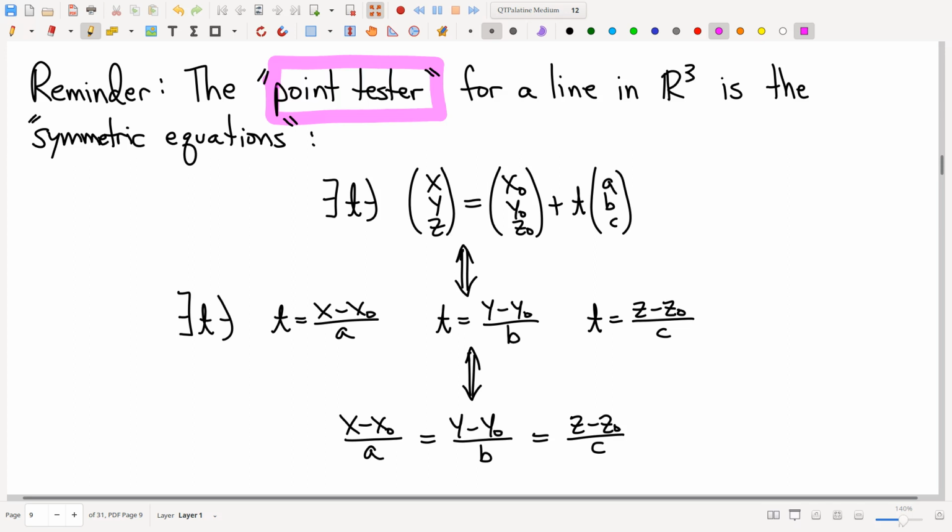So if you come to me with a point and you want me to test whether this point is on a parametric line, one way to test it, and this sounds sassy, would be to just ask, hey, is there some value of t that generates that point? Well, yeah, of course. That's what a parameterization is. If a point is on the line, then there is some value of t that generates that point.